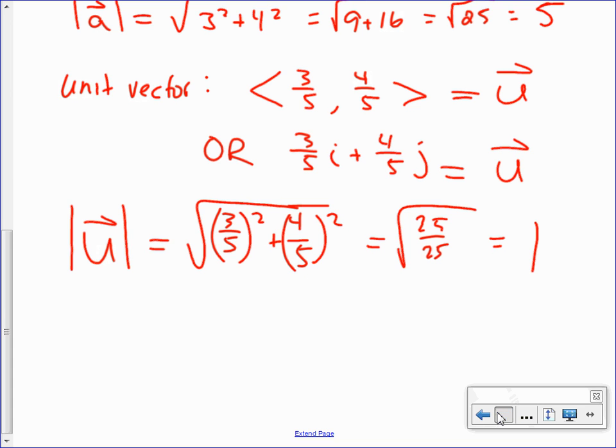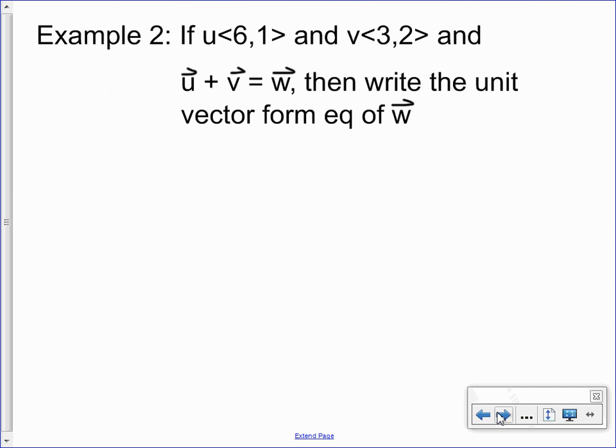Okay. Here we go. Take u and v. If u plus v is equal to w, we're going to go ahead and take the vector form for w. So w is equal to 6 plus 3, and 1 plus 2. So that's going to be 9, 3.